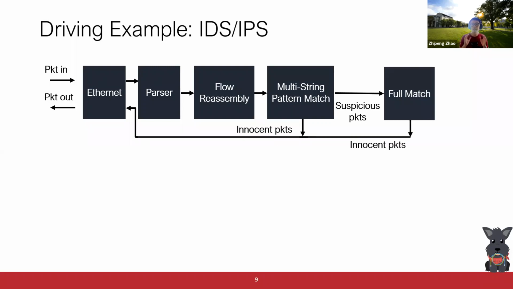On the other hand, if a packet matches any of the fast patterns, this packet will be considered a suspicious packet, which requires further evaluation. In the full matching, we will fully evaluate the rules, including other fields, for example, other stream patterns or regular expressions.